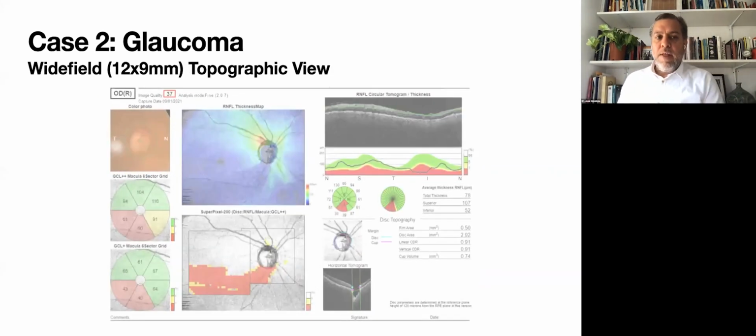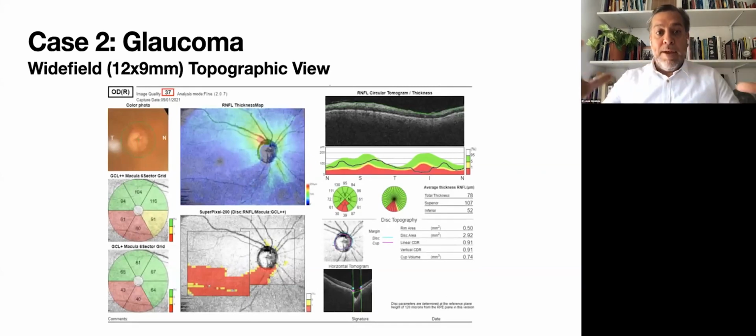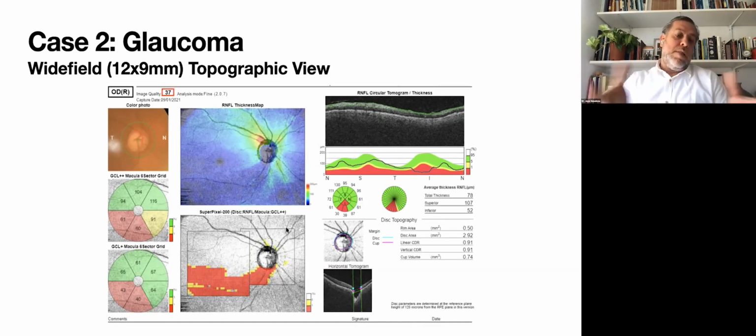When we do have a Widefield 12x9, a bigger scan, we could see the entire defect coming into the optic disc. And this is the regular 9x9. This is the 6x6. When we stitch them together, like I told you some machines do, we have this type of information. But even there, the scan size is not enough.